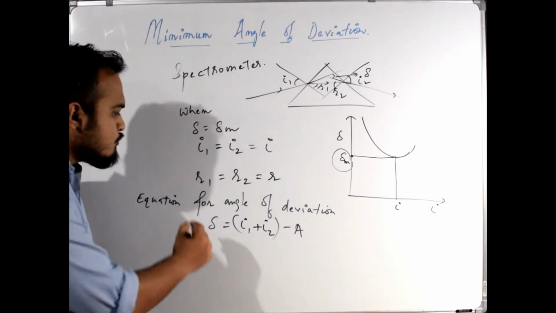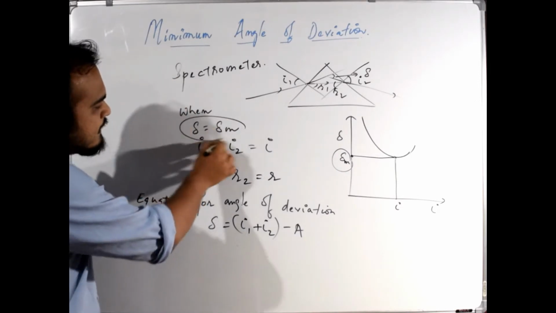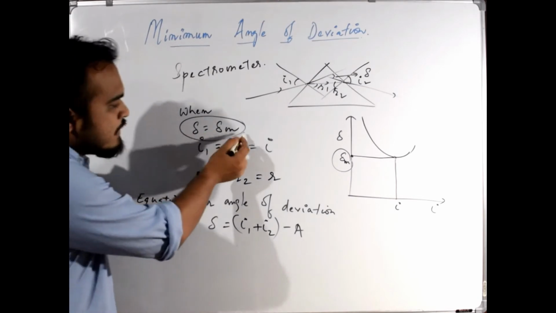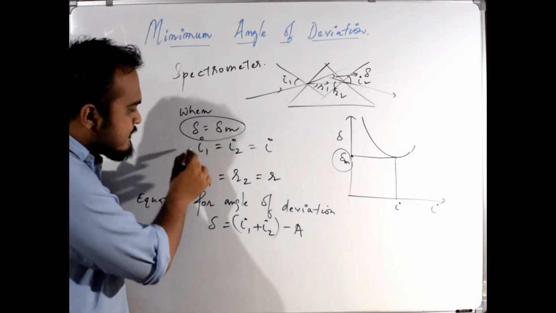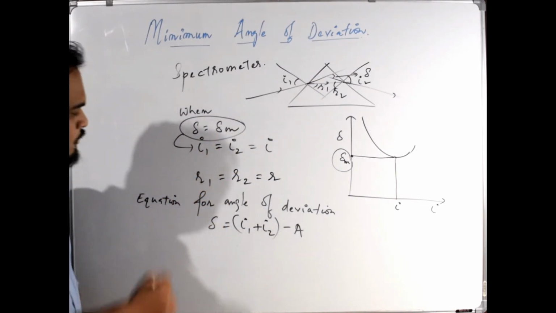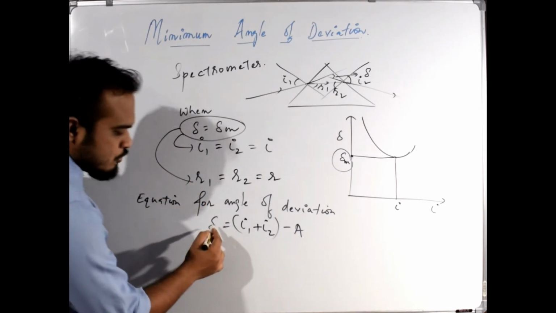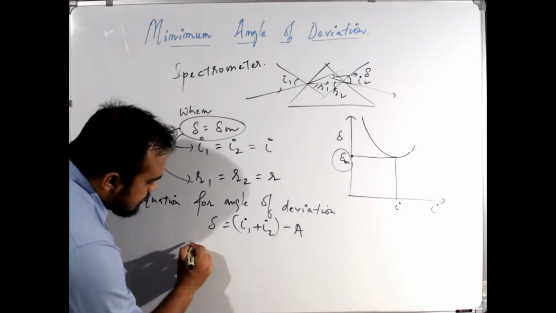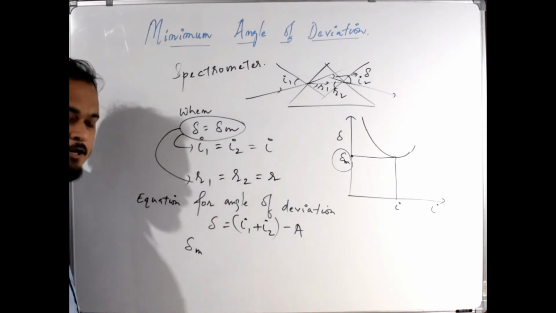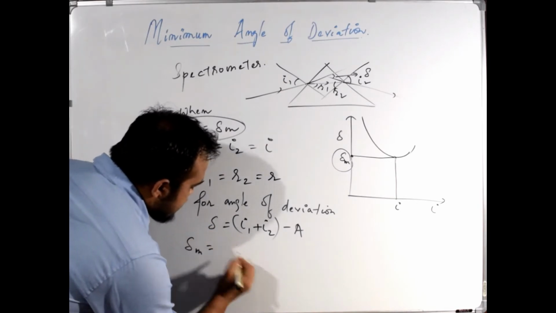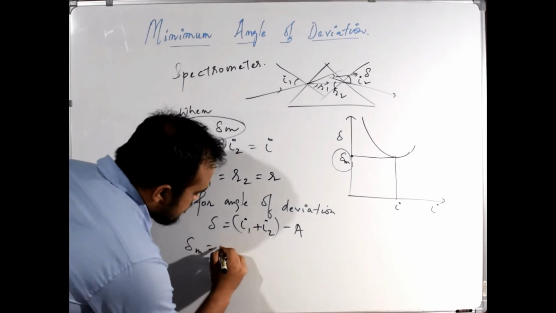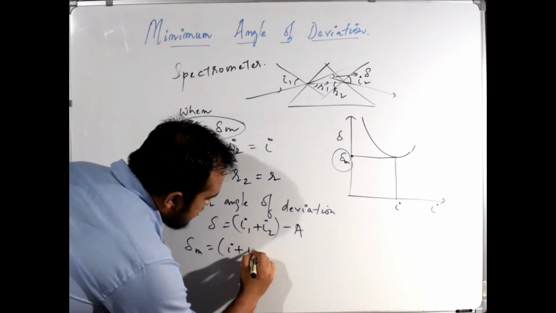When delta is equal to delta m, I1 will be equal to I2, and R1 will be equal to R2. So if we put the value of delta to be delta m, then delta m will be equal to I plus I.